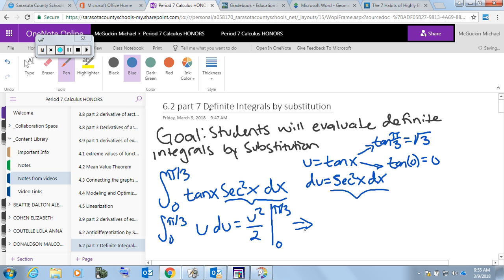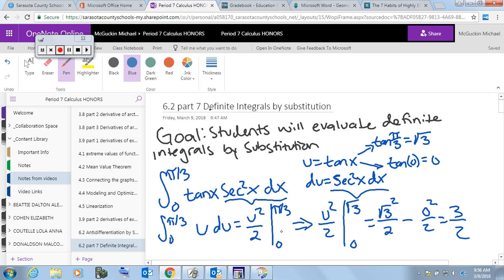We could maybe evaluate tangent from there, but not u. So u squared over 2 is actually evaluated from 0 to square root of 3, because u actually is tangent itself. This gives us the square root of 3 squared over 2 minus 0 squared over 2, which simplifies out to 3 over 2 in the end.